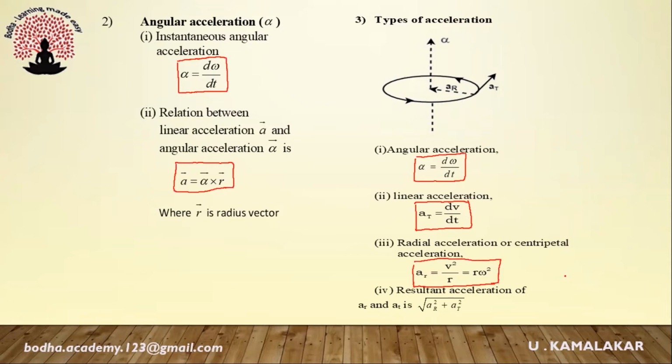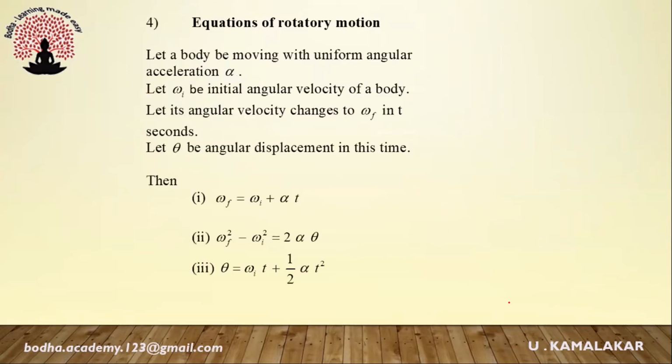The directions of angular acceleration alpha, tangential acceleration at, radial acceleration ar are as shown in figure. The resultant acceleration due to tangential and radial acceleration is given as square root of ar square plus at square.